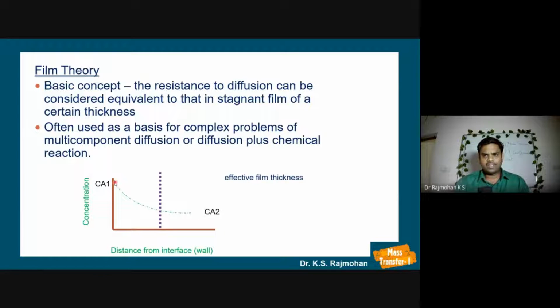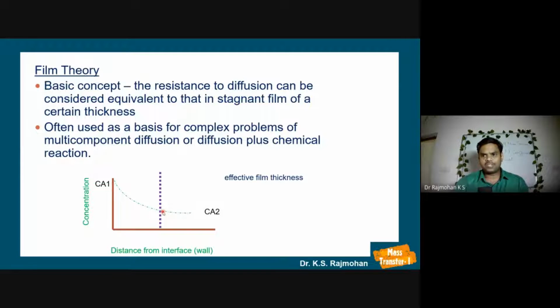We consider the concentration change to take place only across this effective film thickness, beyond which there is a well-mixed zone, that is, the bulk concentration is uniform.